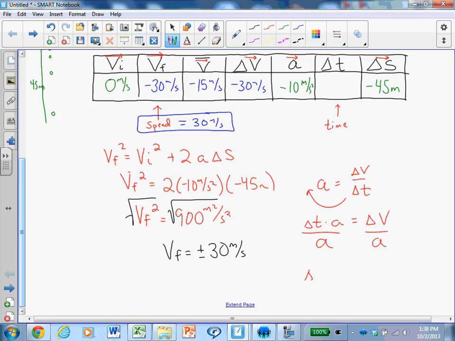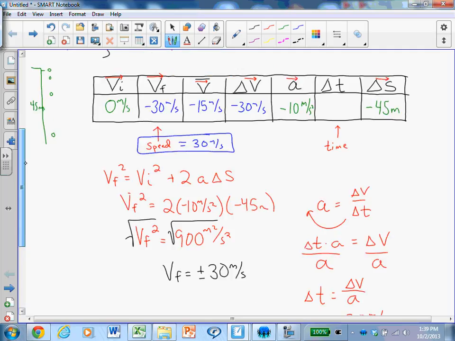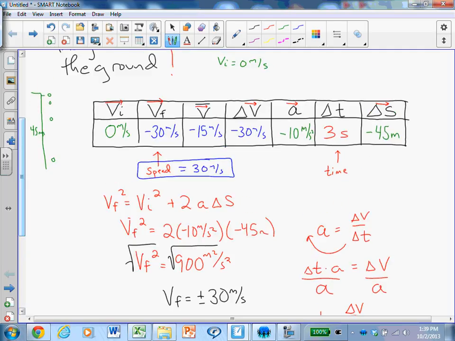You could put in numbers if you wanted, but it gives it to us in the formula form. The delta V was minus 30 meters per second, and a was minus 10 meters per second squared. So that gives you 3 seconds. It takes 3 seconds to fall that 45 meters.